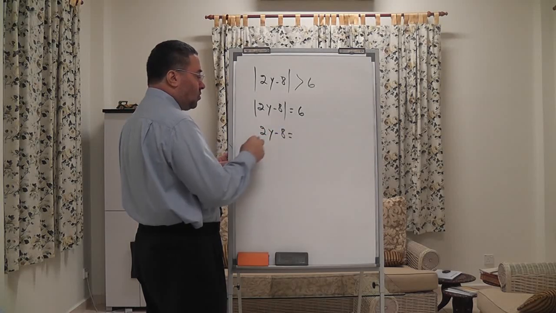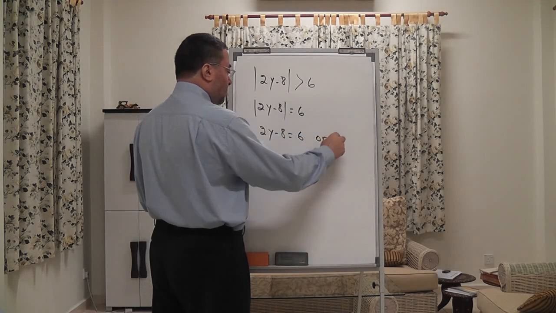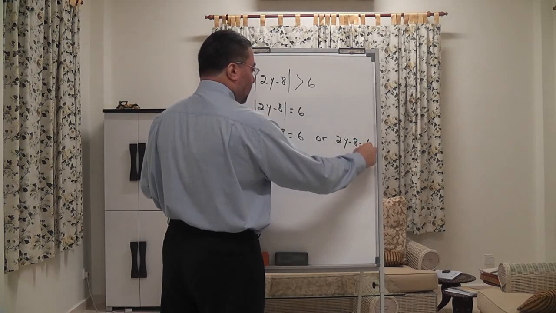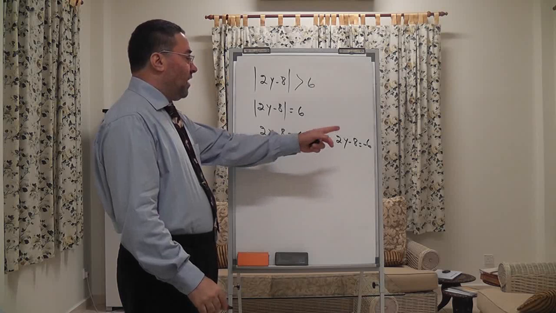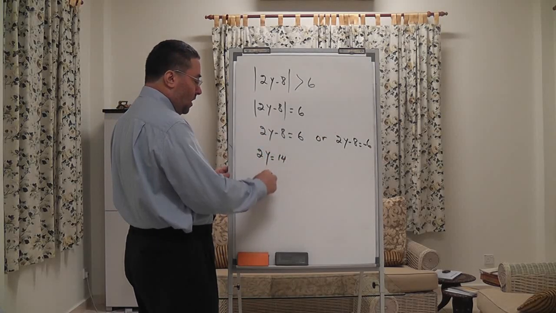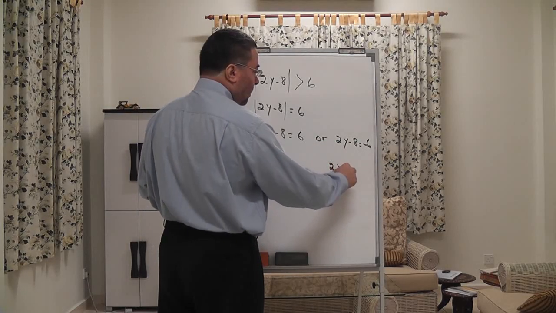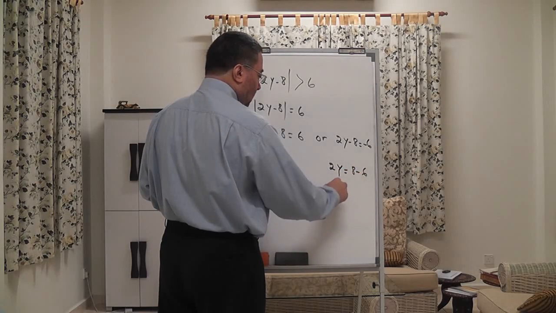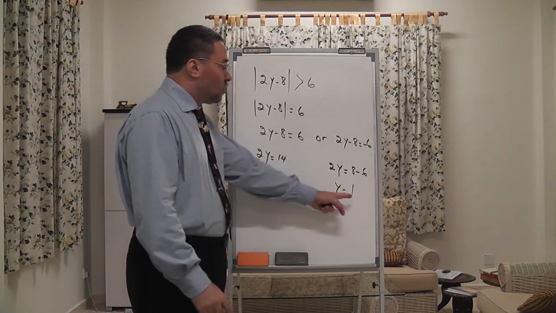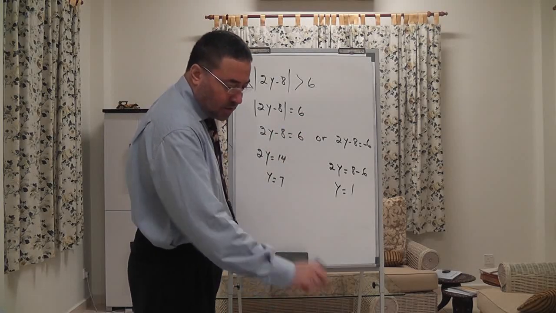And that will give us 2y minus 8 equal to 6, or 2y minus 8 equals minus 6. And we get two values. So here 2y equals 14 and y equals 7. Here 2y equals 8 minus 6 and y is equal to 1. So we have here two values for y when this quantity is equal to 6.